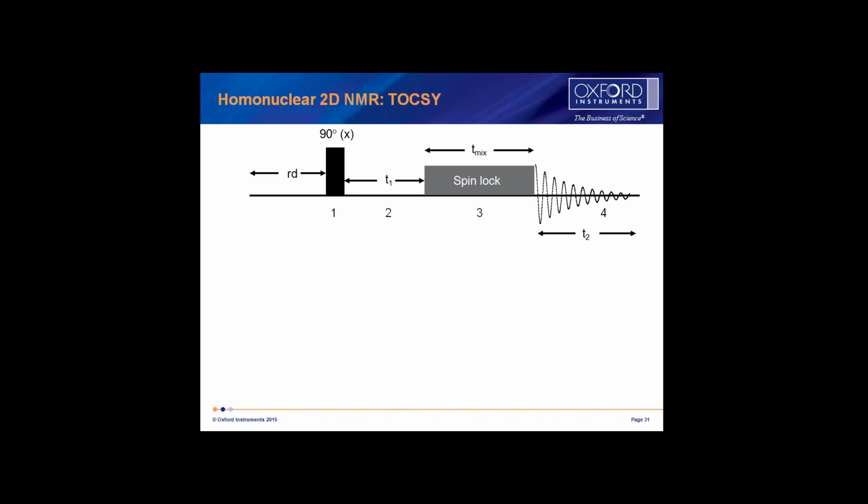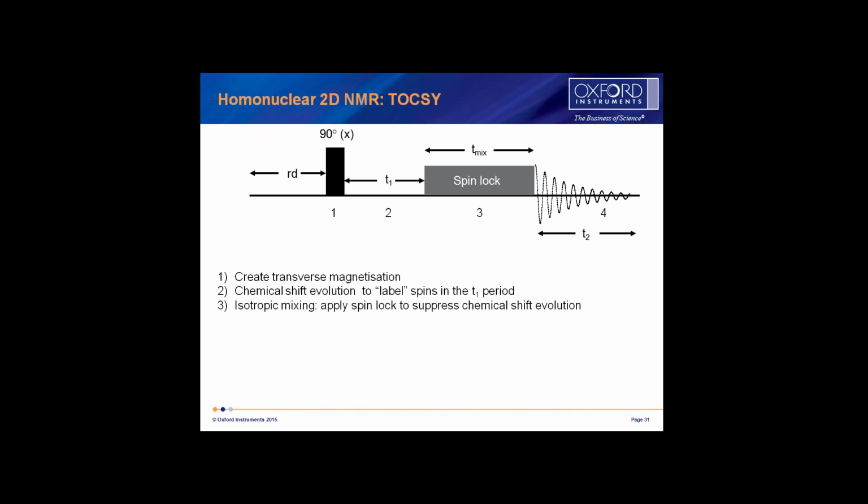In the TOCSY experiment, we can see that we have an RD period in which we allow the system to equilibrate. And just like the COSY, we apply a 90-degree pulse, followed by an evolution period T1 in which we're labeling the first spins. But in place of the second 90-degree pulse in the TOCSY experiment, we apply a spin lock. And what the spin lock does is to suppress the chemical shift evolution.